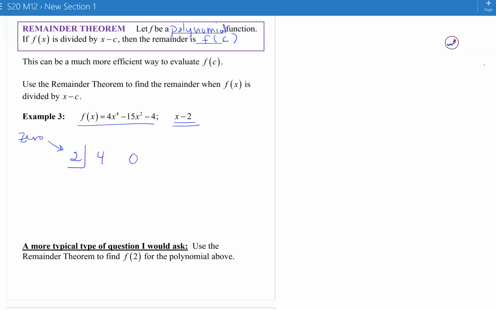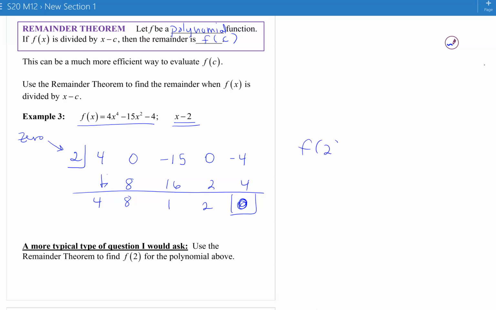There's no x cubed. Negative 15, the coefficient on x squared. No x's and a negative 4. So then let's do our synthetic division. And we got a remainder of 0, so that means f of 2 is 0 by the remainder theorem.